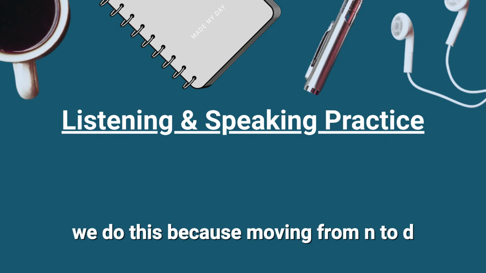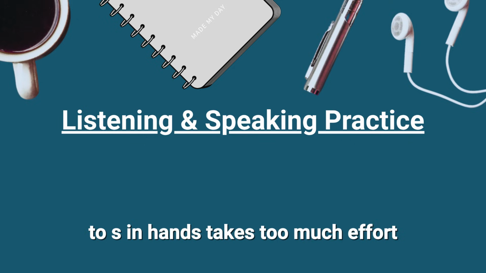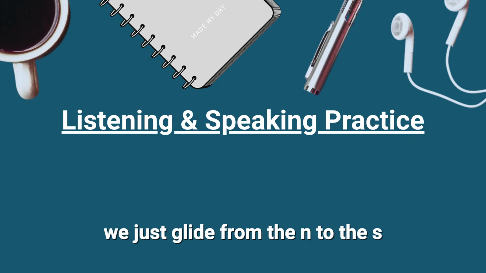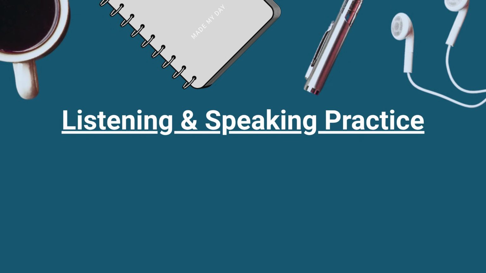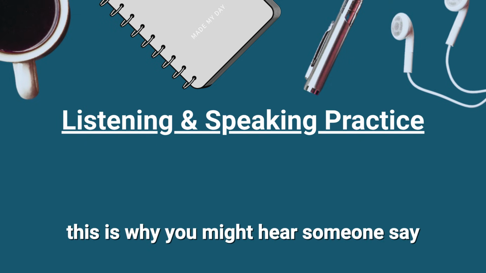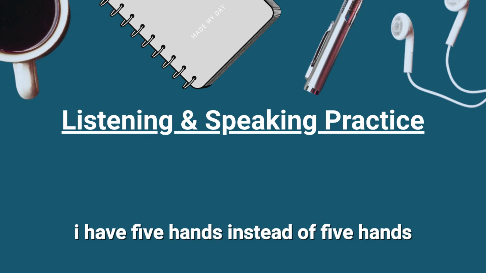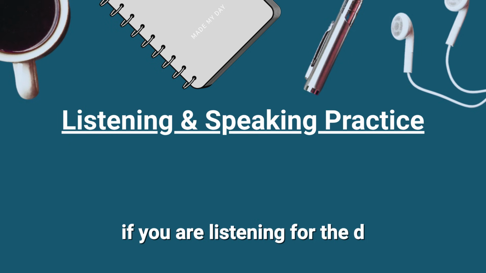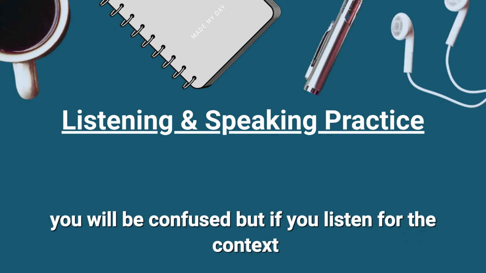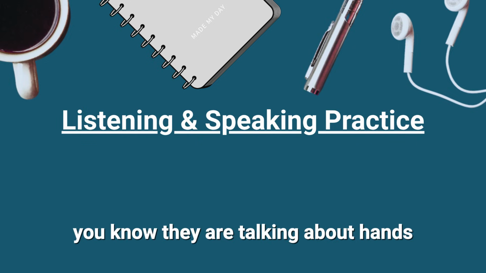We do this because moving from N to D to S in hands takes too much effort. We just glide from the N to the S. This is why you might hear someone say, "I have 5 hands," instead of 5 hands. If you are listening for the D, you will be confused. But if you listen for the context, you know they are talking about hands.